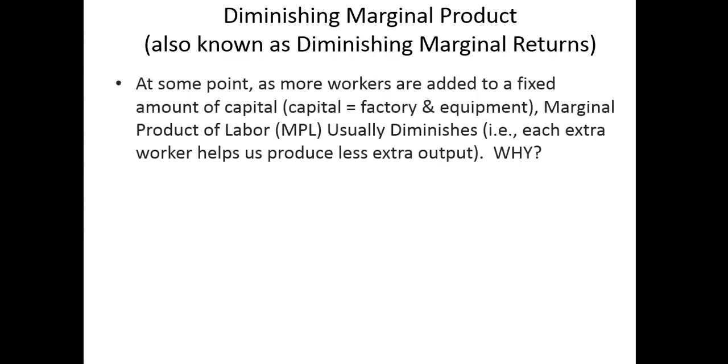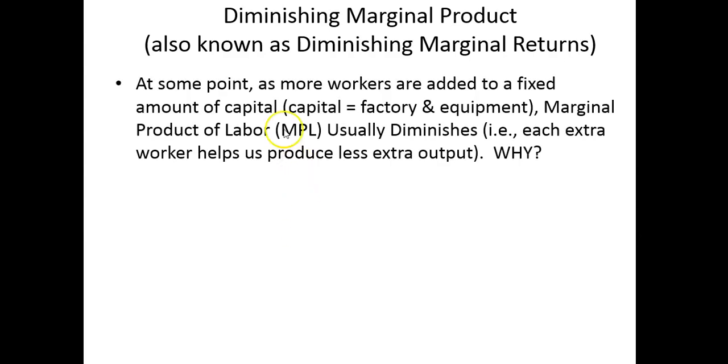Well, how can we explain the pattern? There's a concept that happens often enough in a production process like this that there's a term for it. It doesn't always happen, but it happens often enough. It's known by different names. Sometimes the term is diminishing marginal product, sometimes diminishing marginal returns.